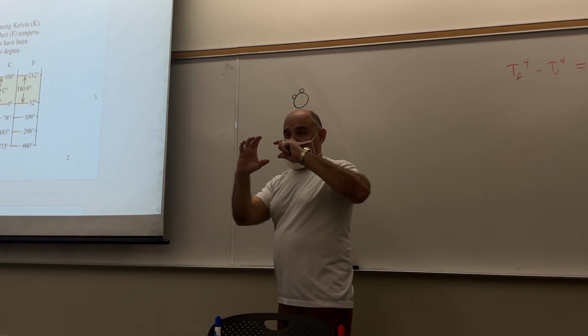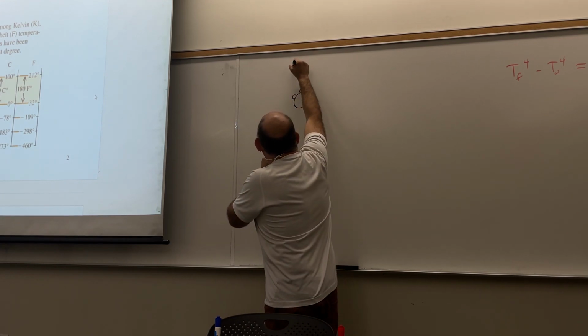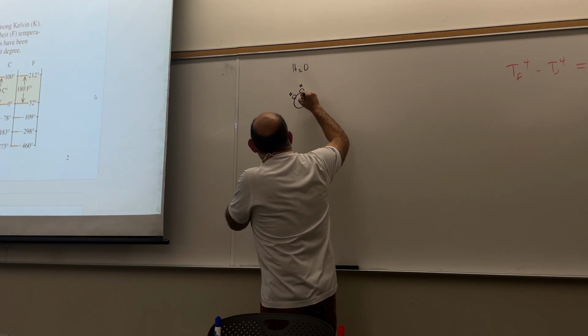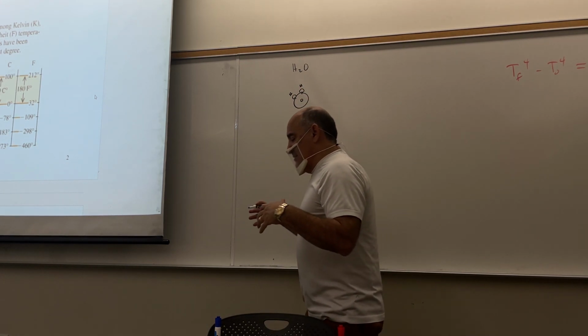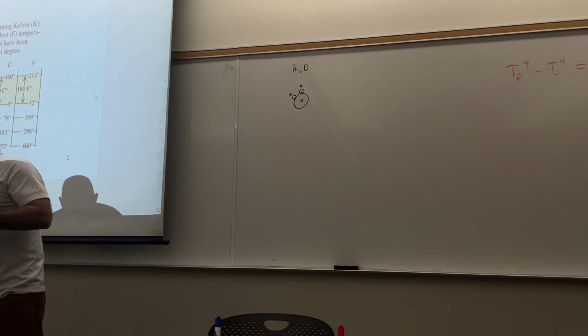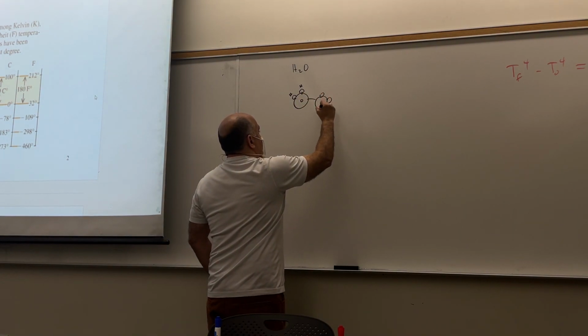A Mickey Mouse face is pretty much the shape of a water molecule. So this is hydrogen bonded with oxygen. So when water freezes and turns into ice, it crystallizes into these hexagonal patterns.